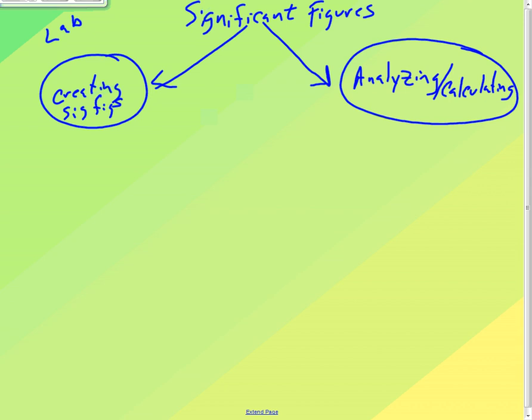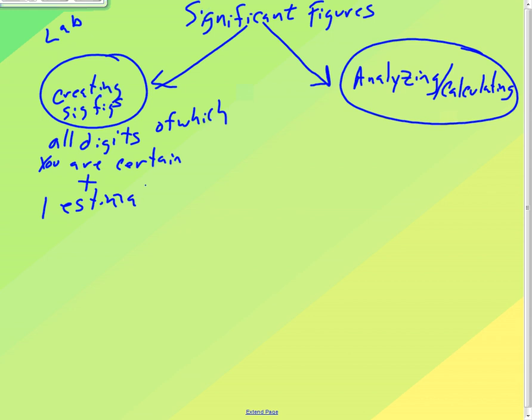And the rule is you write down all digits of which you are certain, plus one estimated digit.